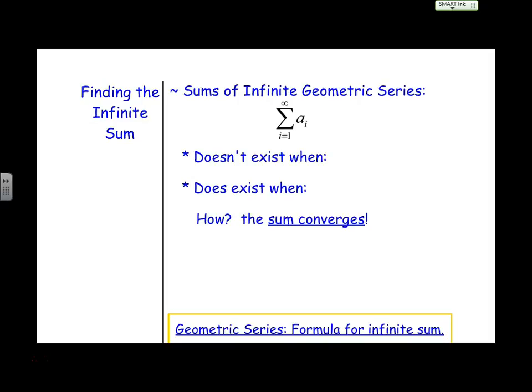Arithmetic series, if I was to write up a few of them up here, I should probably erase all this now. As you guys are writing down the information on the screen, let me go ahead and I won't zoom out quite yet. That's the arithmetic.